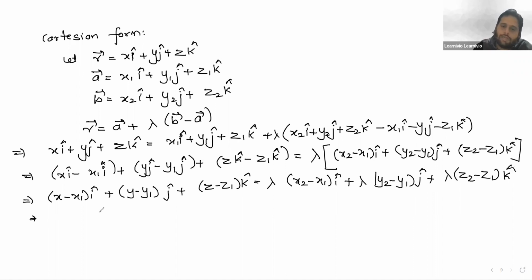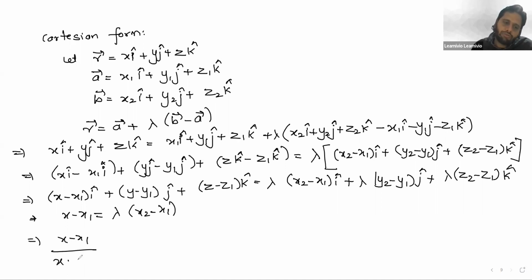Equating i cap with i cap, x minus x1 is equal to lambda times (x2 minus x1), so (x minus x1) by (x2 minus x1) is equal to lambda.